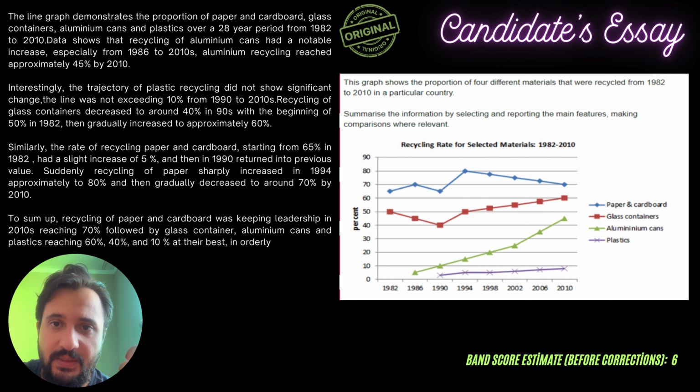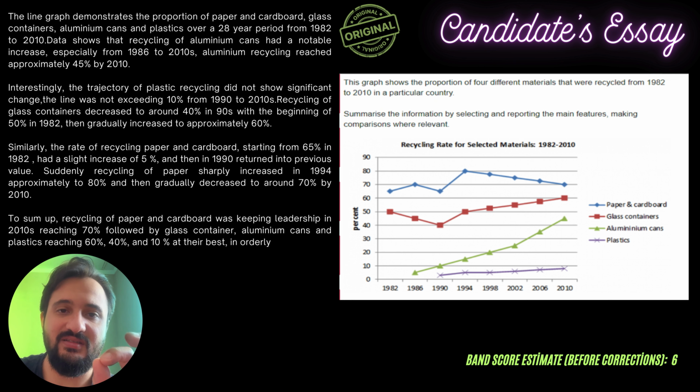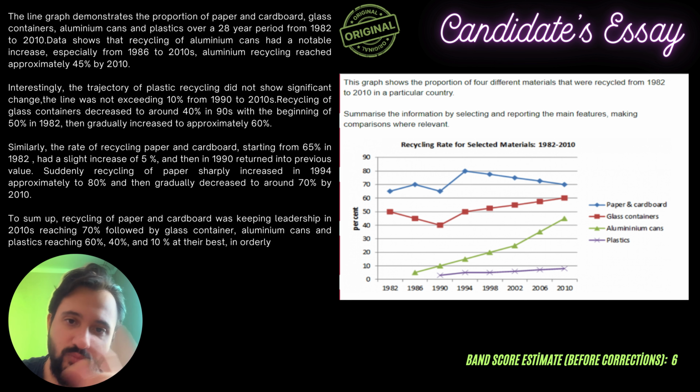A period or semicolon should be used here. So correct version: Data shows that recycling of aluminum cans had a notable increase, especially from 1968 to 2010. Aluminum recycling reached approximately 45% by 2010 again. And then topic closed. Let's move on to next part.